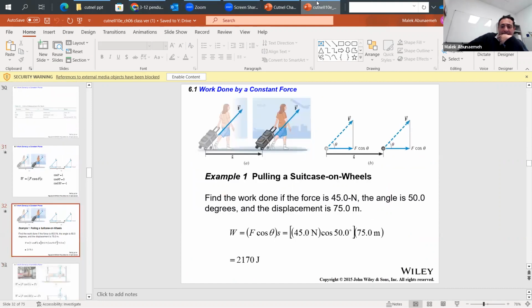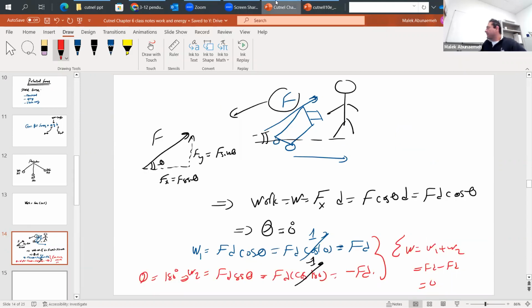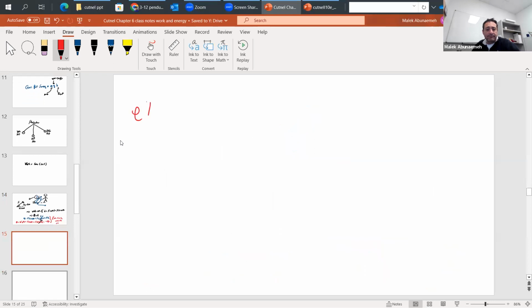So let's say we have an example of a force being 45 newtons at a 50 degree angle and a 75-meter displacement. Let's do this example. Your force is 45 newtons, your theta is 50 degrees, and your distance is 75 meters, and you want to find your work.